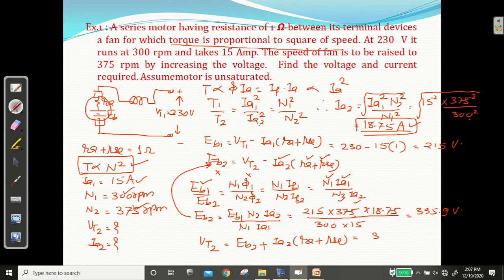EB2 is 335.9 plus IA2 which is 18.75 that we got here, into RA plus RSC which is 1. So 335 plus this, I think 354 point something. Using the calculator, I am getting 354.68 volt.